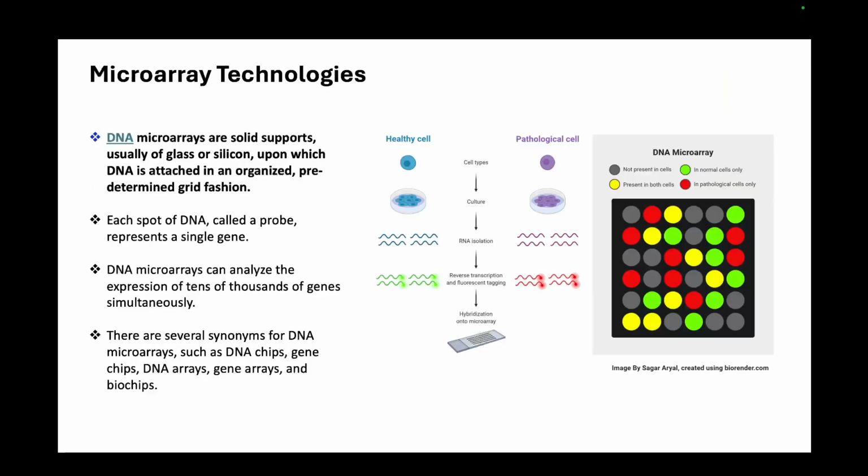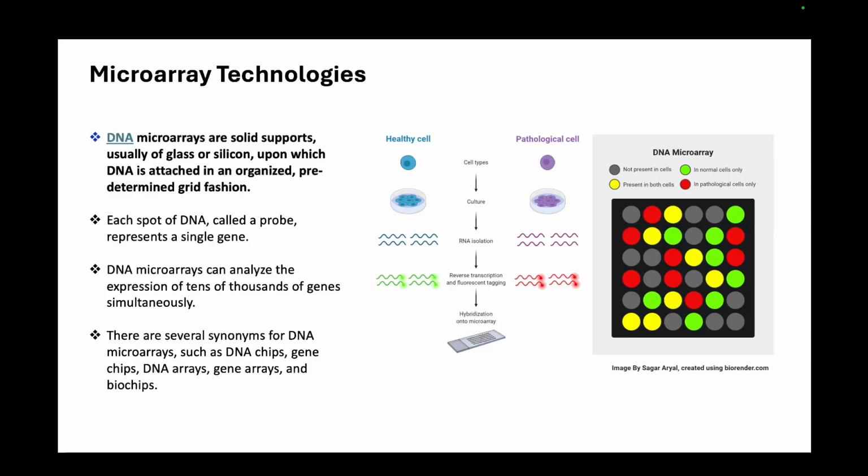So one such technology before next generation technology was using microarrays. Microarray is not exactly sequencing. Just to remind you, microarray technologies do not sequence the whole genome. Microarrays are solid supports, usually made of glass or silicon slabs, upon which DNA is attached in an organized, predetermined grid fashion.